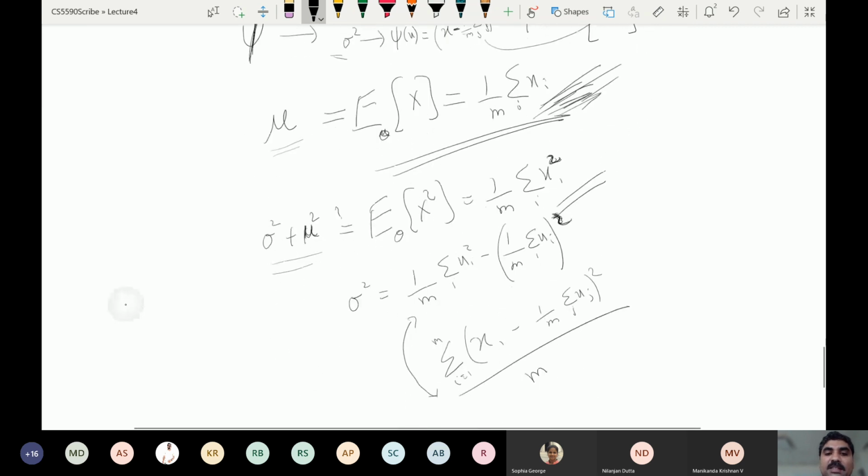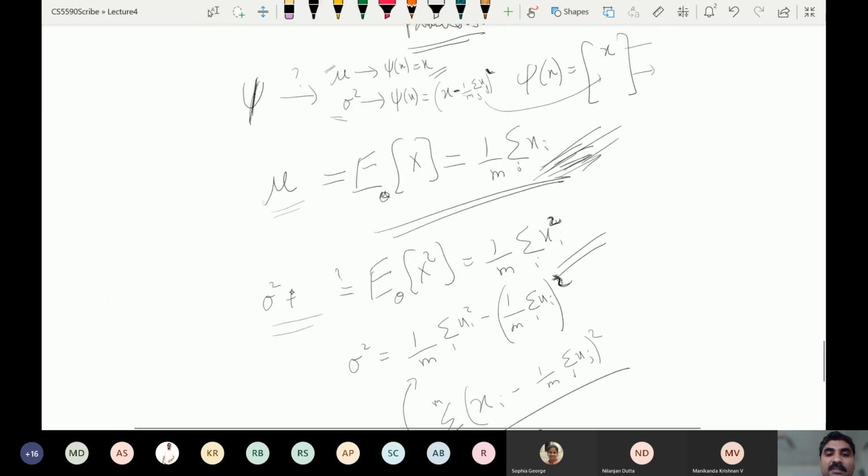But in this case, what is the expectation of psi of x minus 1 by m? I should basically have the original mu here. Then I'll have x minus mu square, right? But what is the expectation of x minus mu square? It's the variance, right? And then what will be this estimate?